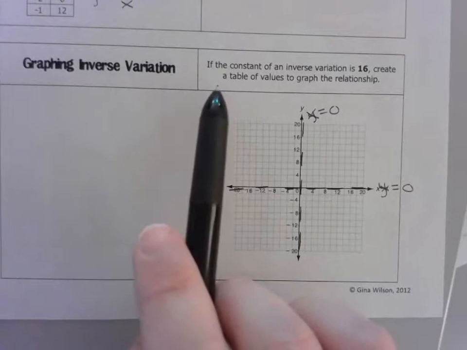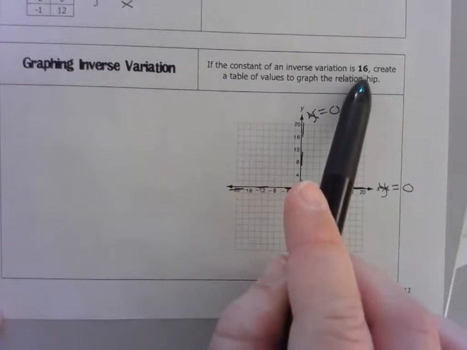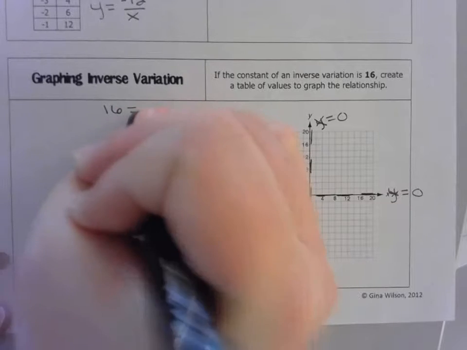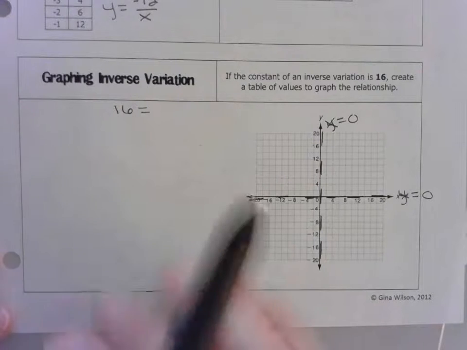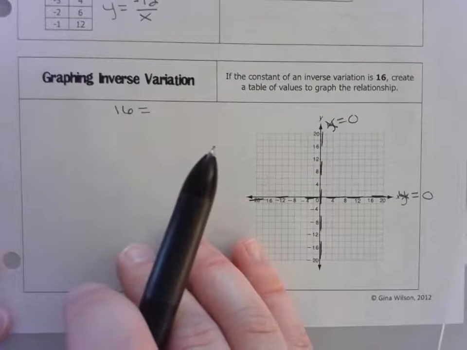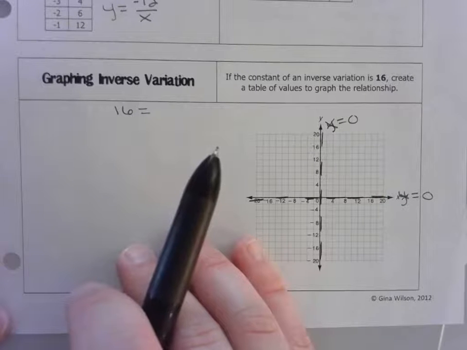The constant of this inverse variation is 16. I know my constant, or K, is equal to what times what? For an inverse, my constant is equal to what?